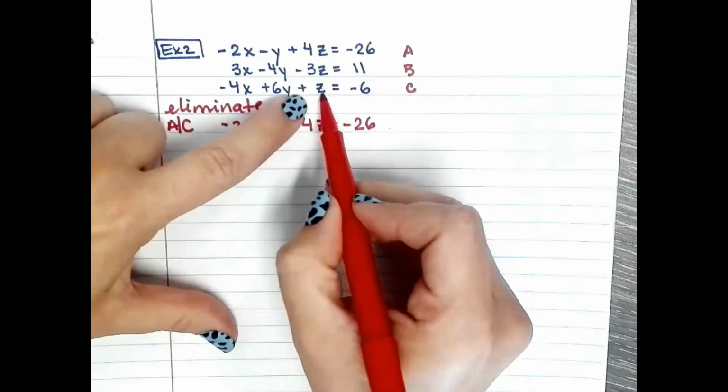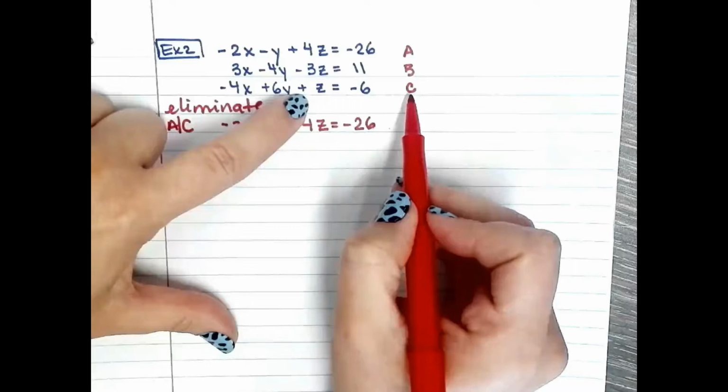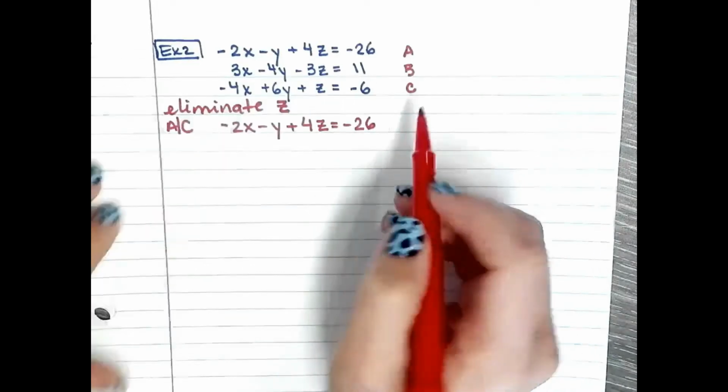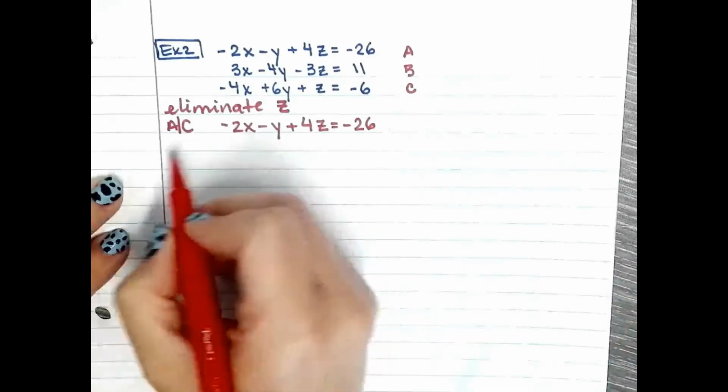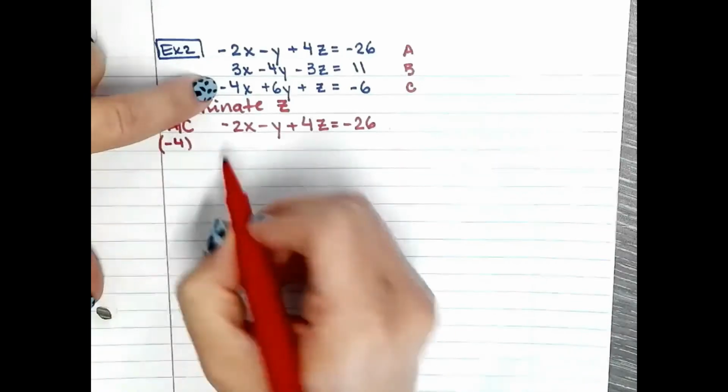To eliminate z, I have to multiply the c equation by -4. So multiply the whole thing by -4. I'm going to write -4 right there. That way you remember.